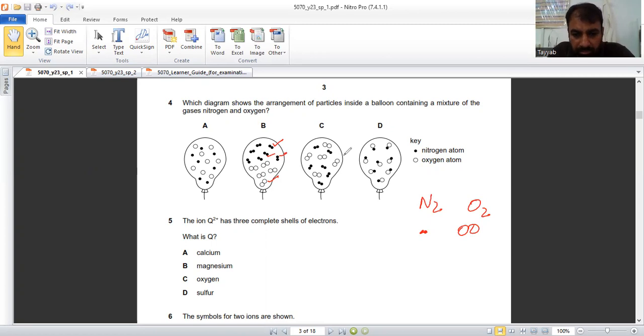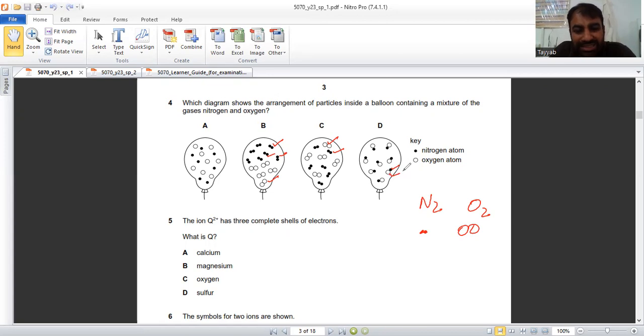This is also representing N2, O2. So this is not N2 and O2. Why? Because these are two different atoms. This is nitrogen, this is oxygen.